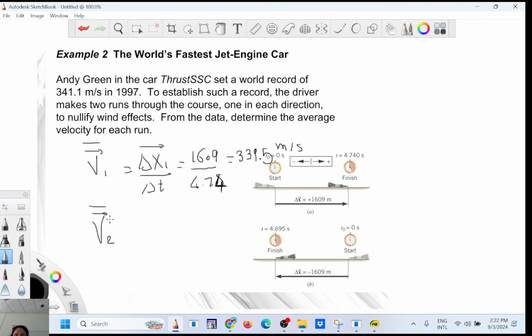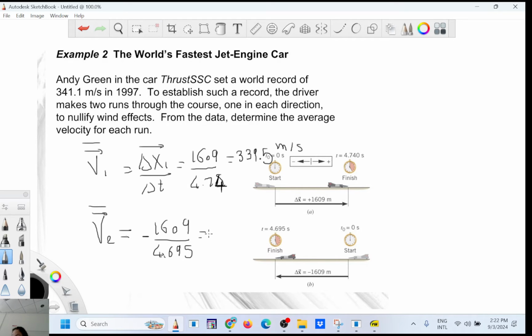What about the second one? It's going to be negative. Do you all agree with that? Yeah. So the displacement here is pointing to the left. So it's going to be the same distance, but not the same displacement. And the time is a little bit less.